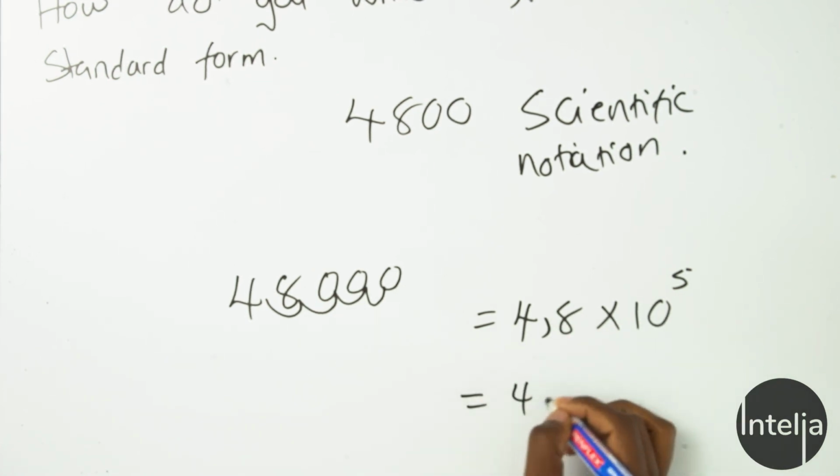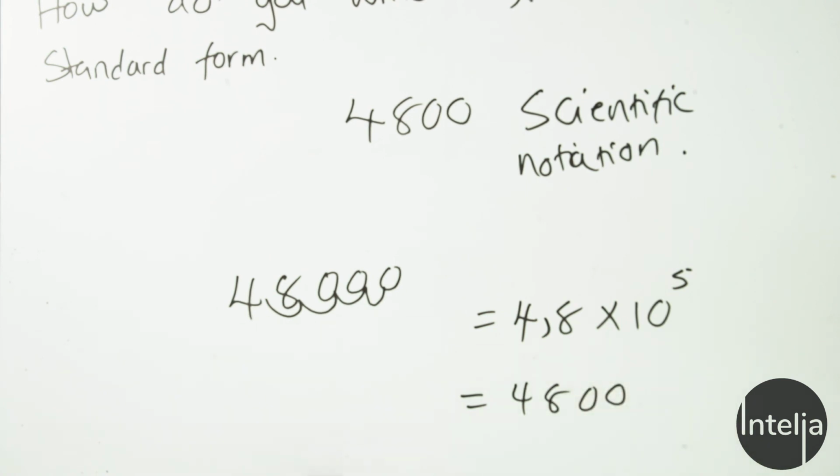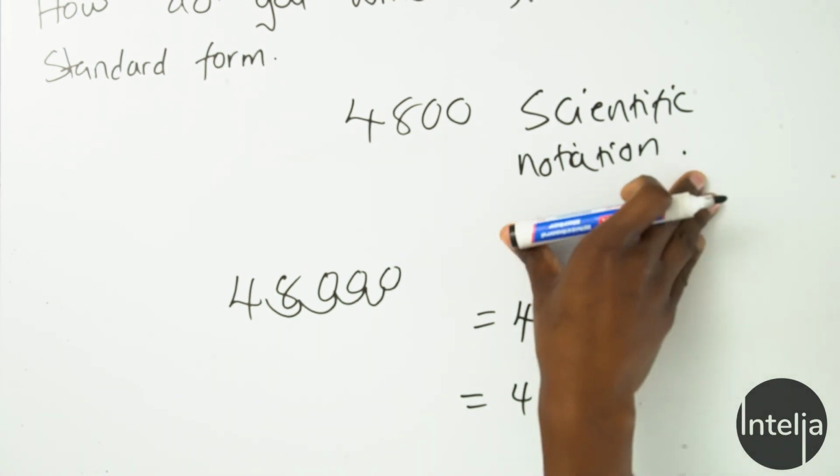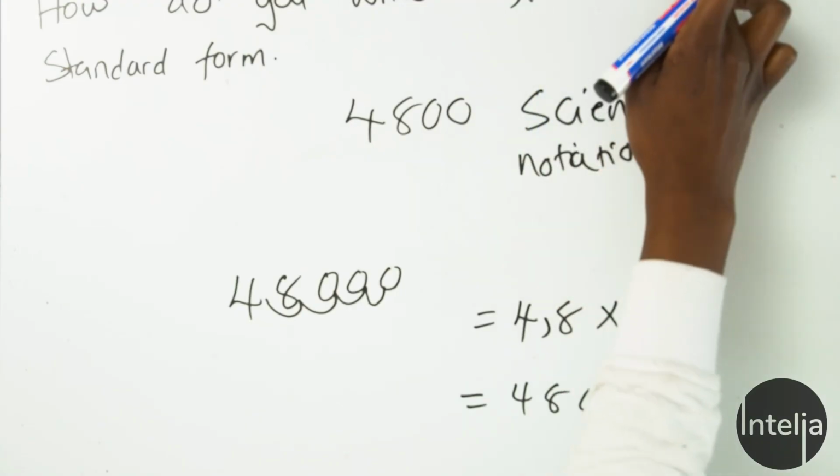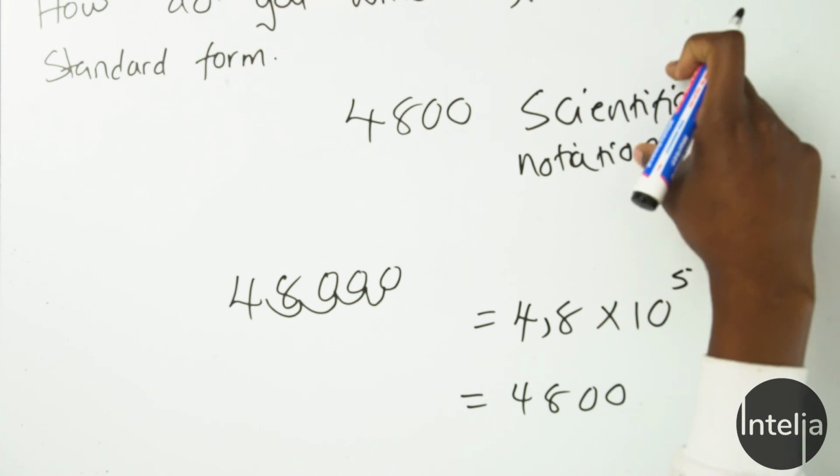That's more like 4800, like this. So this is more like scientific notation. It is just the answer you're given, the answer we get from 3.86 times 10 to the power 5. That's the scientific notation.